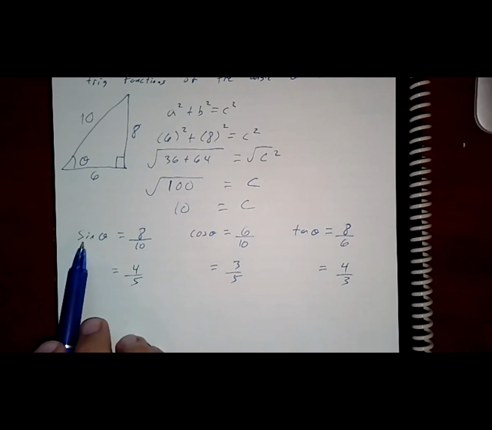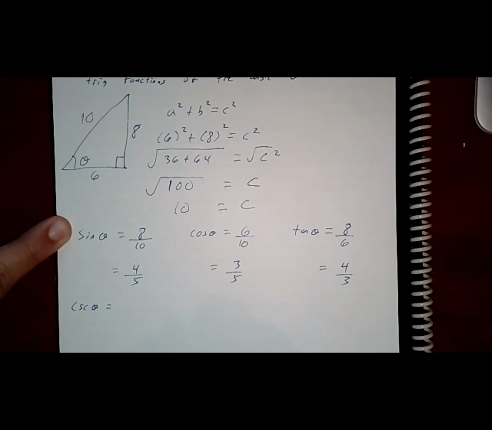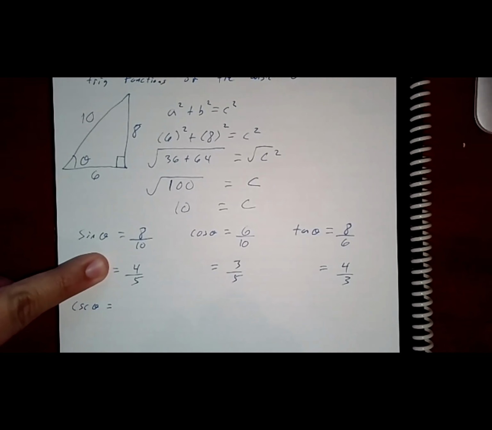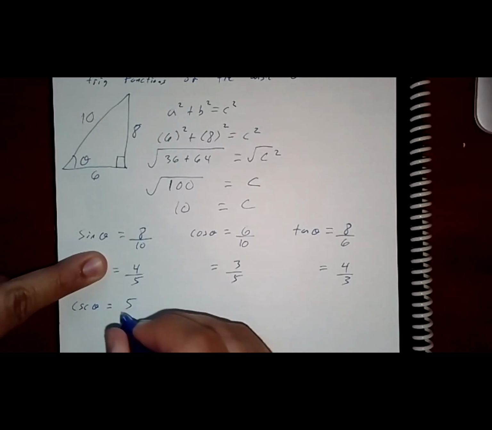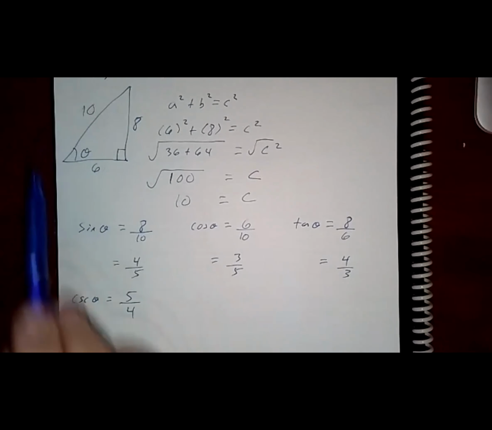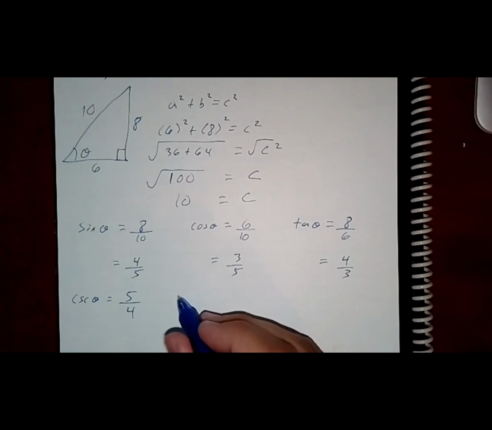Now, what is the reciprocal of sine? Cosecant. Yeah, so cosecant, let's do that next because we know that has to be the reciprocal of this guy. In other words, flip the fraction over and we'll have our answer, right? The answer will be this. Or you can use the definition and just find it on the triangle, either way.